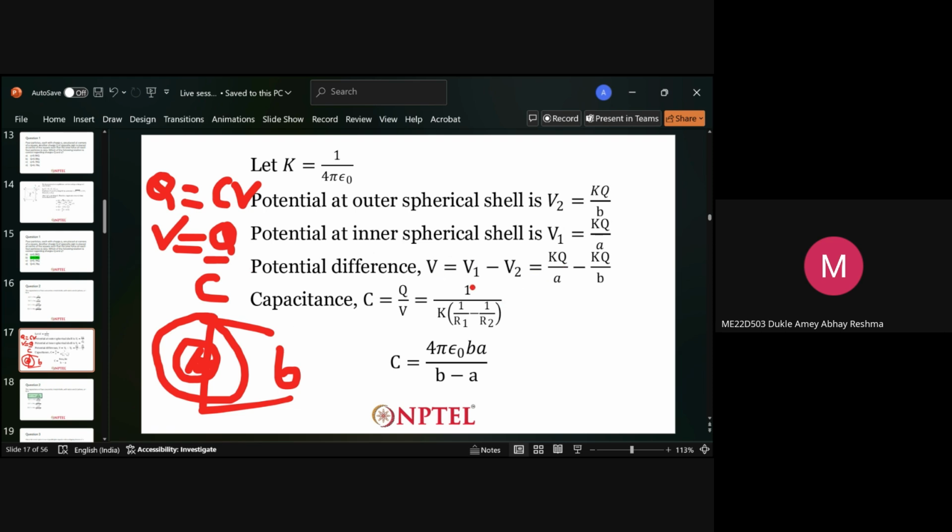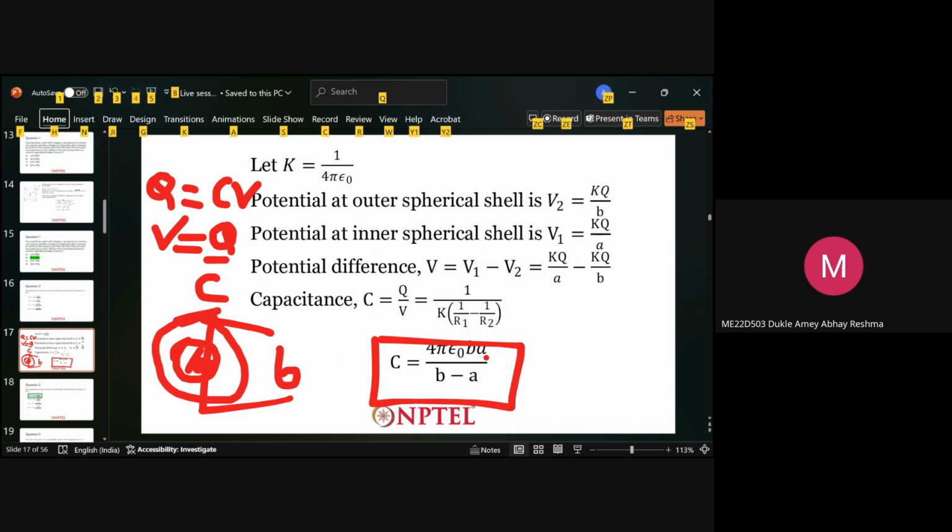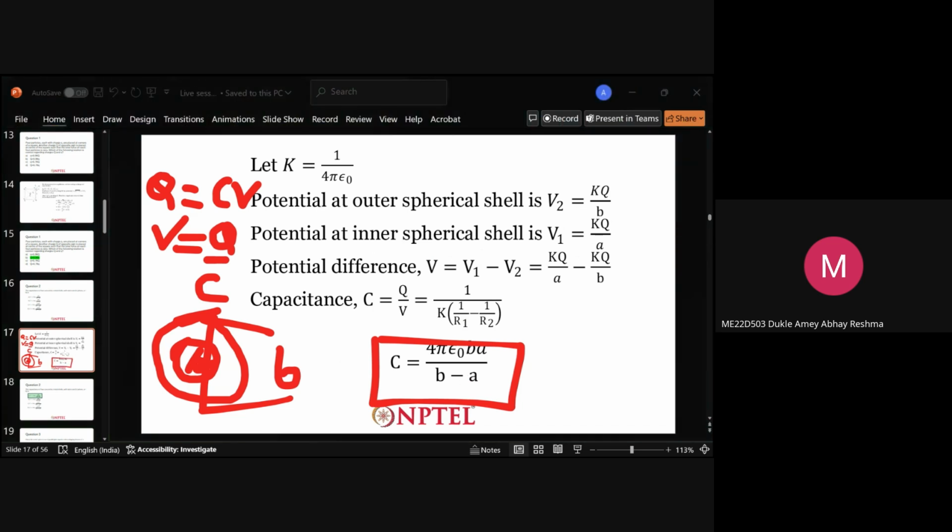Then we find the potential difference between this plate and the second plate. We put the formula C is equal to Q upon V, and then we get the final answer, that is C is equal to 4 pi epsilon naught B A upon B minus A.